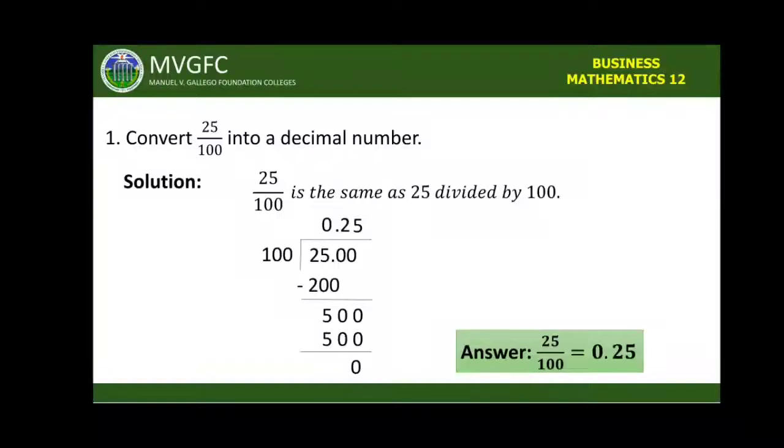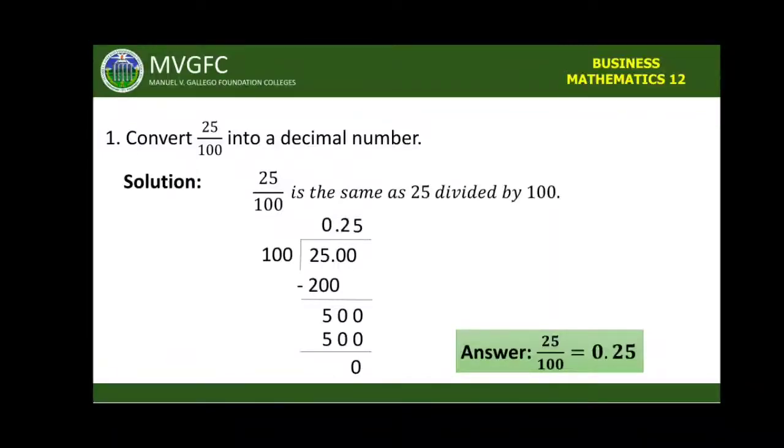So from 25, we have 250. So 250 divided by 100, that is equal to 2. And 2 multiplied by 100, that is equal to 200. Then 250 minus 200, that is equal to 50.